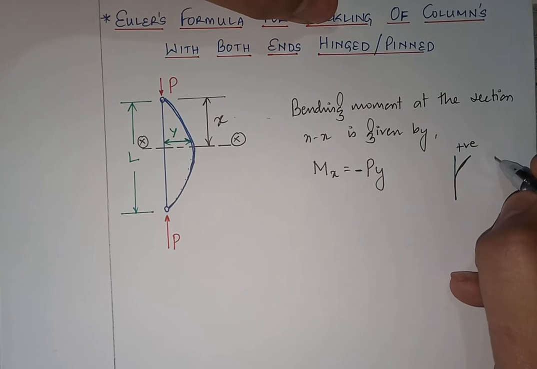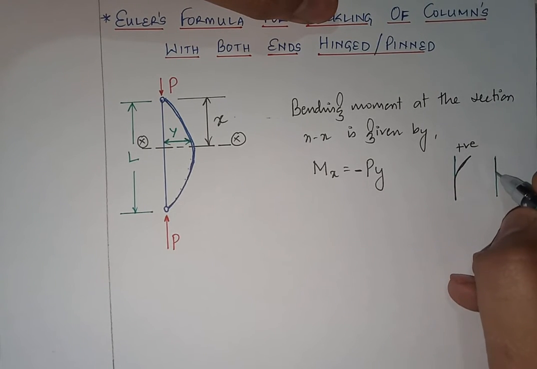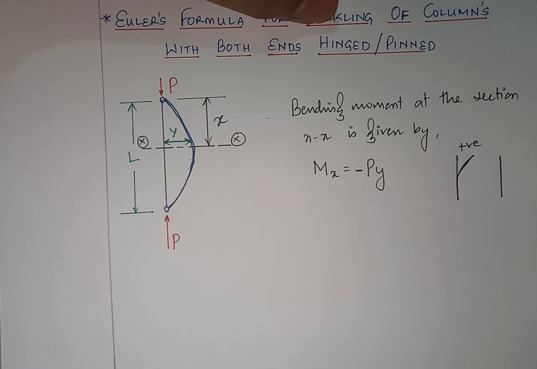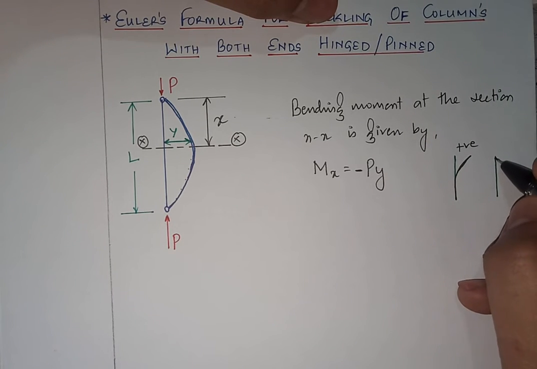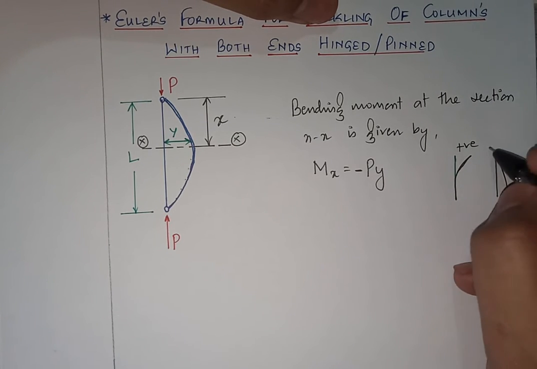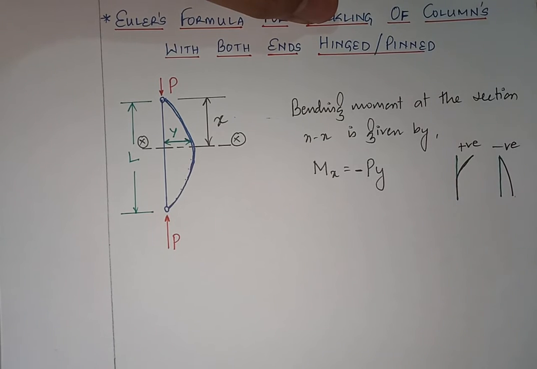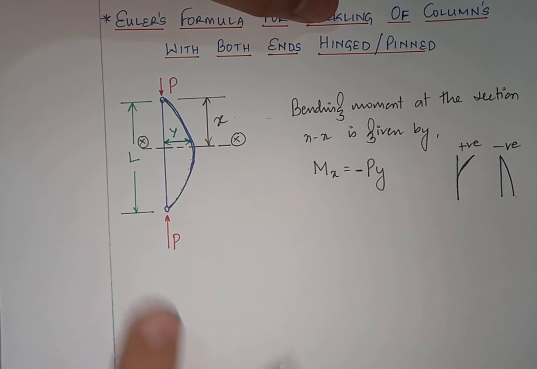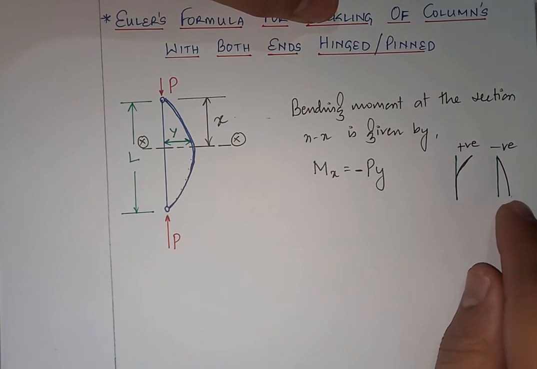And if this is the initial position of the beam, and the beam is going to bend like this, we'll take it as negative. So these two things you should always keep in mind. What kind of thing do you find here? It is very similar to the second case.